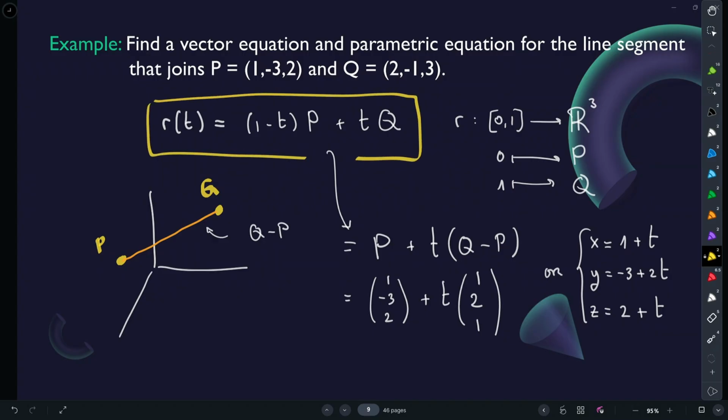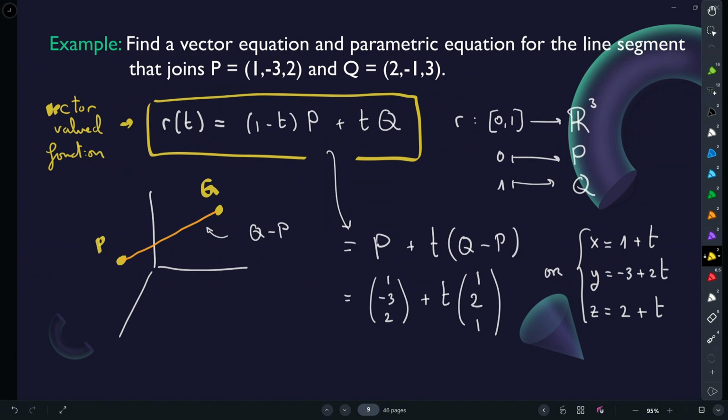That is a formula for a segment that goes from P to Q. And in this case, we're thinking about it as really a motion in space that is going from the point P to the point Q. This is a vector valued function. And it is the general formula for the vector valued function that gives you a segment from the point P to the point Q.